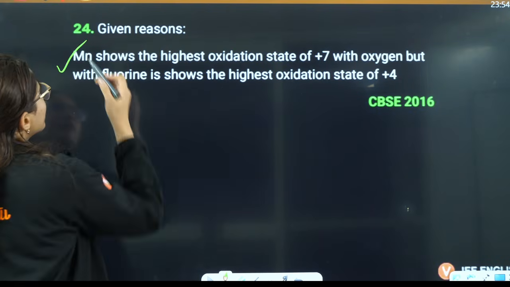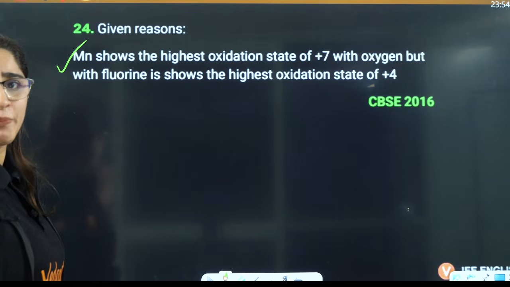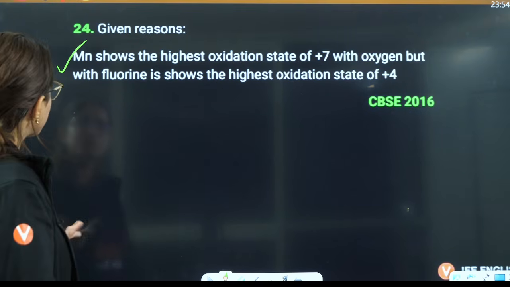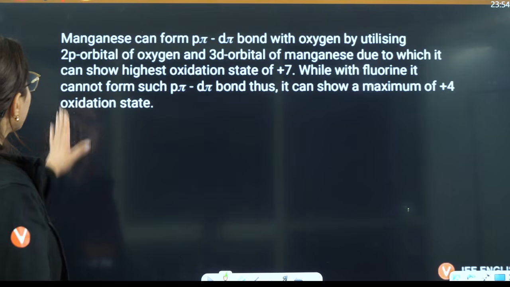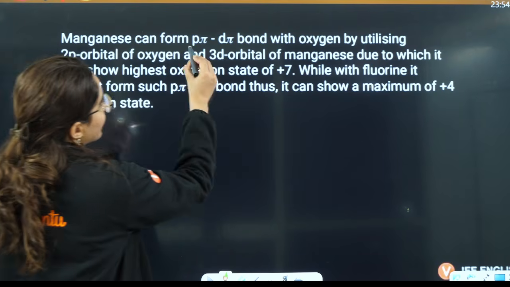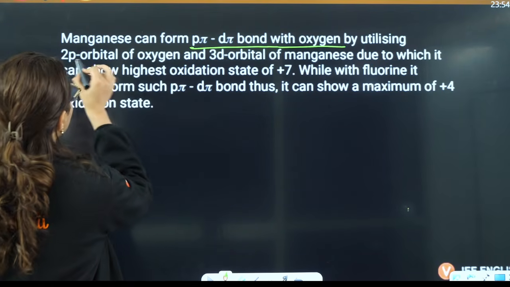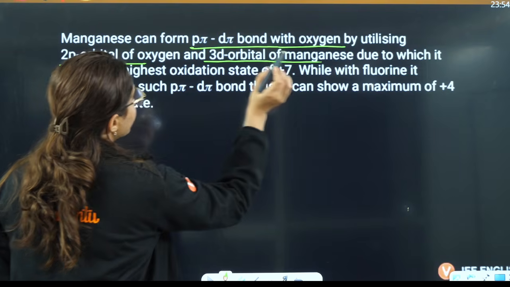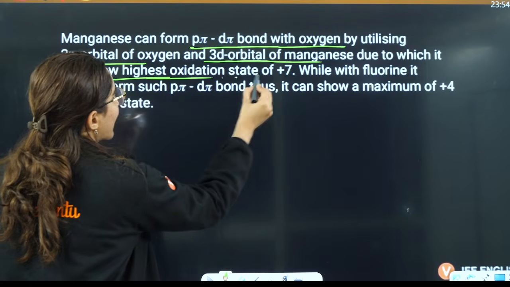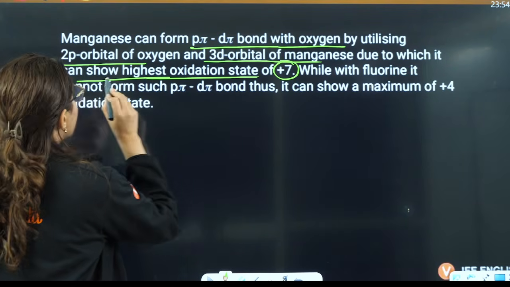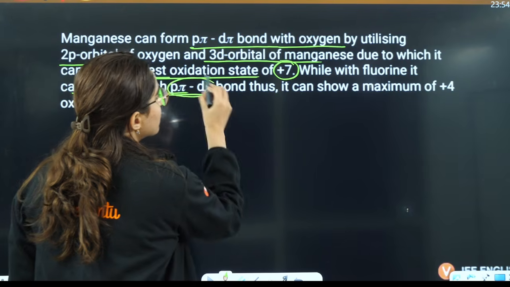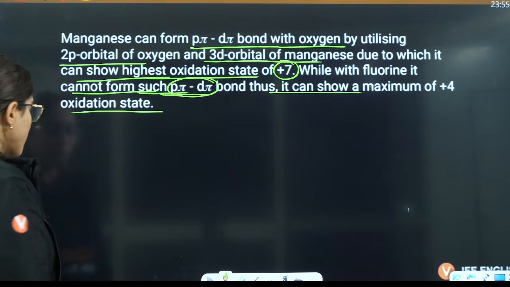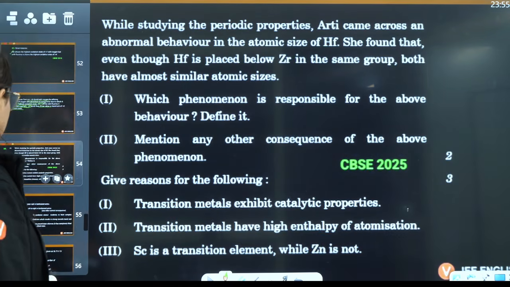This I have already told you, because of multiple bonding in oxygen. This we have already done, right? Manganese can form a p pi-d pi bond with oxygen by the 2p orbital and 3d orbital of manganese, due to which it shows the highest oxidation state of +7. With fluorine it cannot form these, and that is why the maximum oxidation state is +4, right?